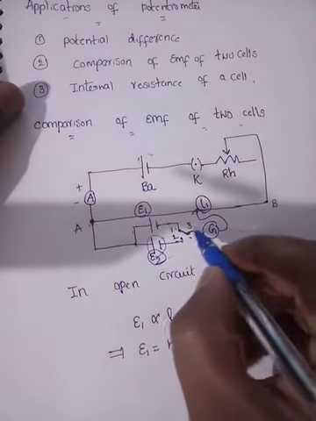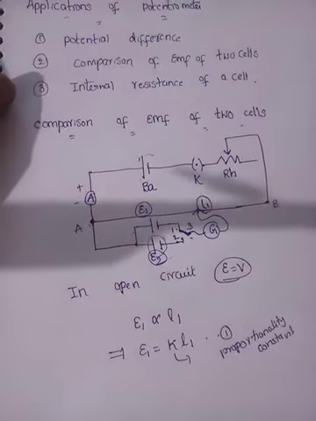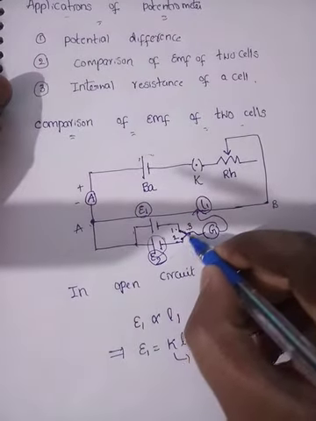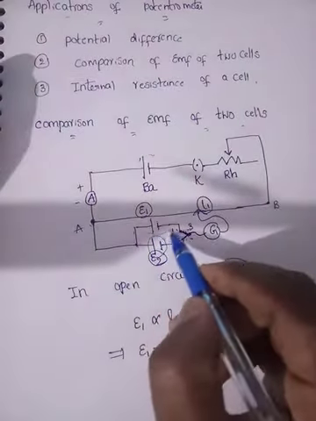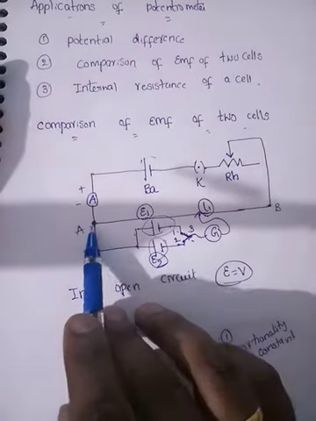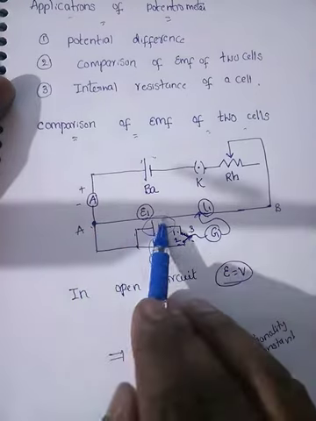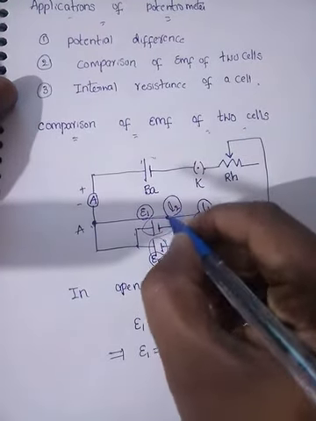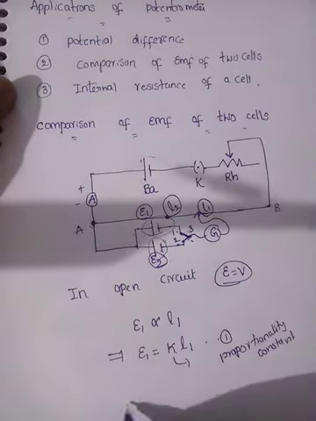Next what we will do? We disconnect 1 and 3. Now connect 2 to 3. Now 1 is not connected, 2 is connected. Again we slide the jockey from A to B. For example, here we get L2 as the balancing length.